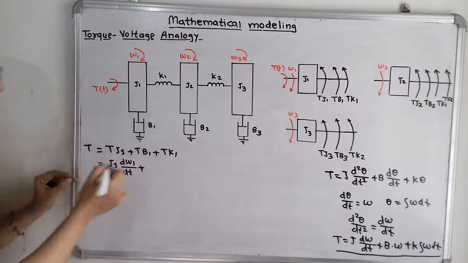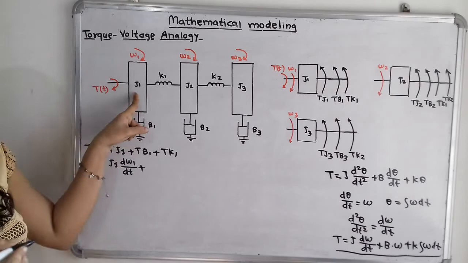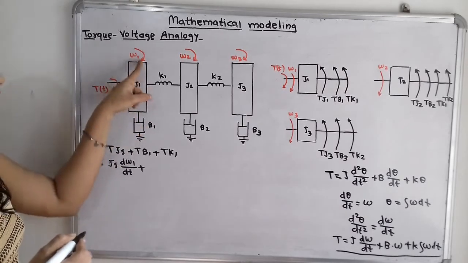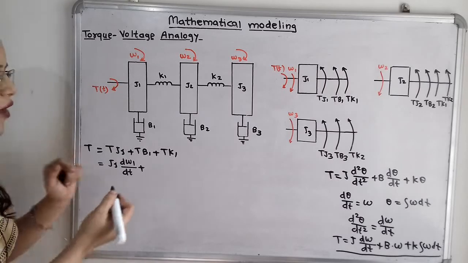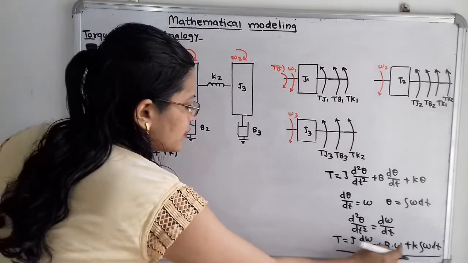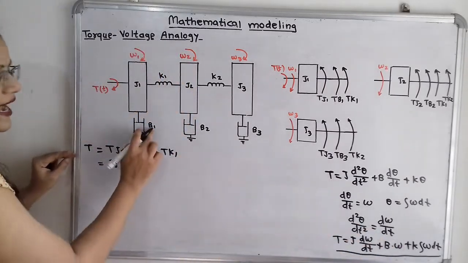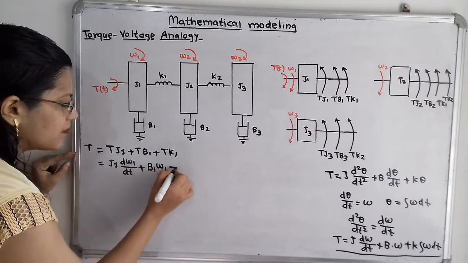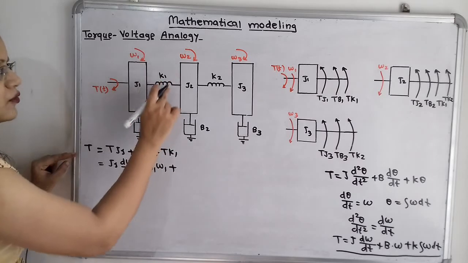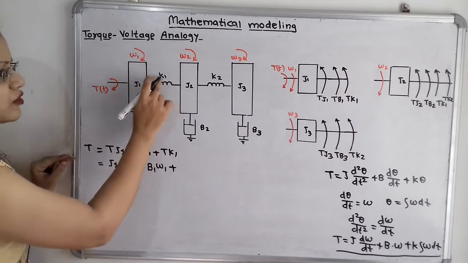Now for this TB1, B1 is attached to only J1, which is having angular velocity omega 1. So how can I write here? B1 into omega 1. So instead of B, I have to take B1 here. B1 into omega 1 plus the torque related to this K1, that is the reaction torque due to this K1.